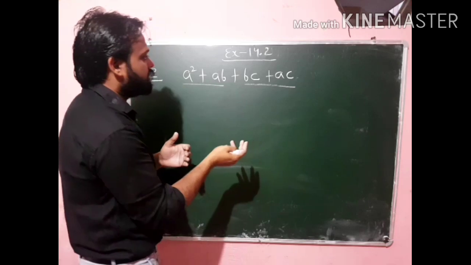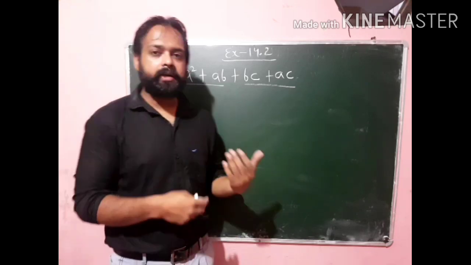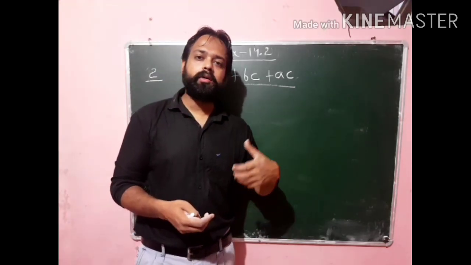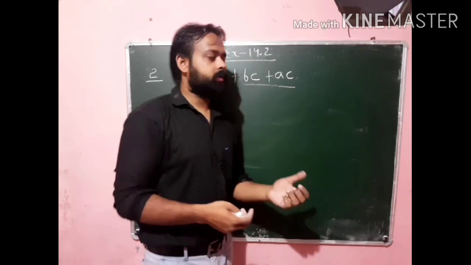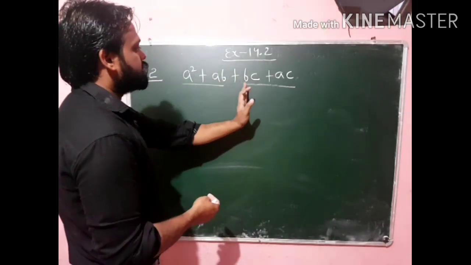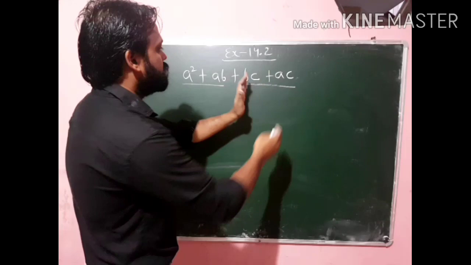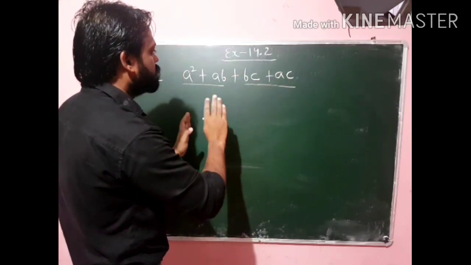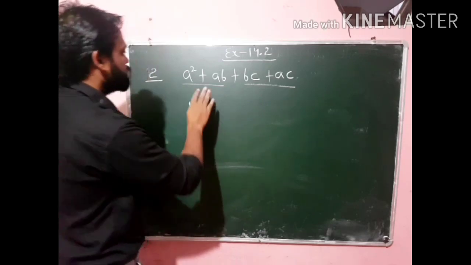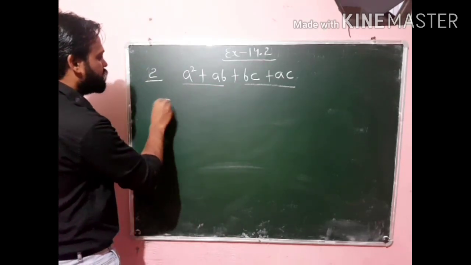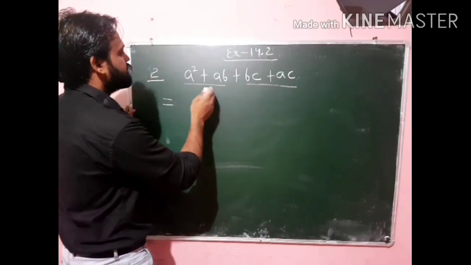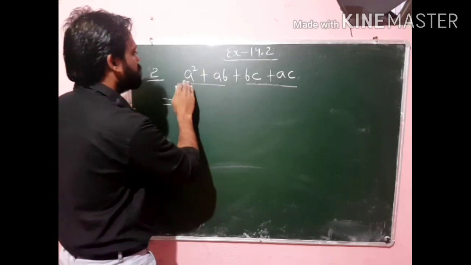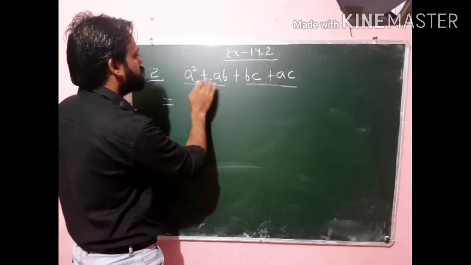As I told you, when we are selecting the groups, we have to select them in such a way that there should be a common factor in each group. In this case you can see in bc plus ac, in this group c is common. So first of all, what is the first step? We have to make the factors of each term. In the first group there are two terms, a square plus ab.